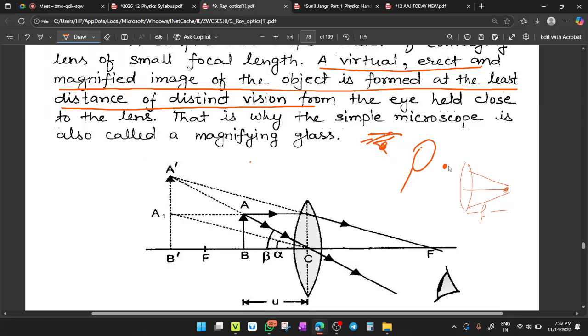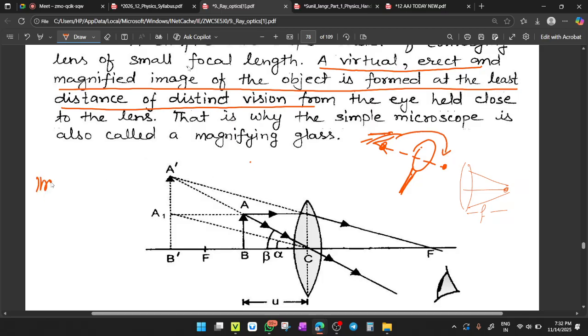You focus the object and try to see it, but you can't see the object itself. Actually, the thing you see is the image of the object. So by some adjustment, you try to bring the image at LDDV.